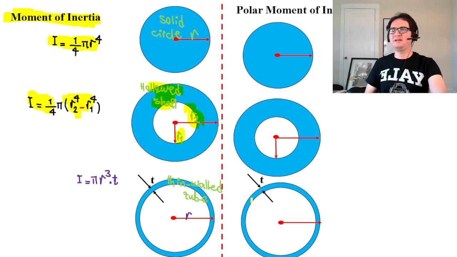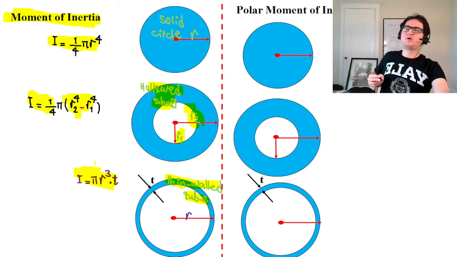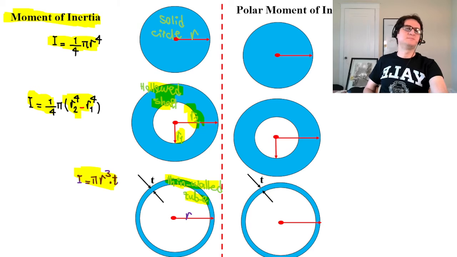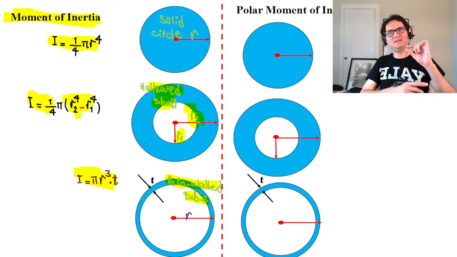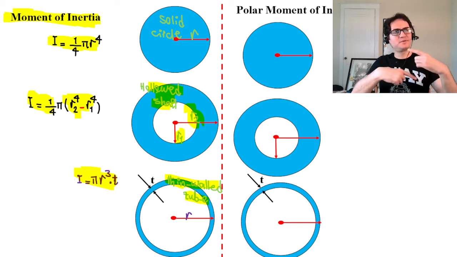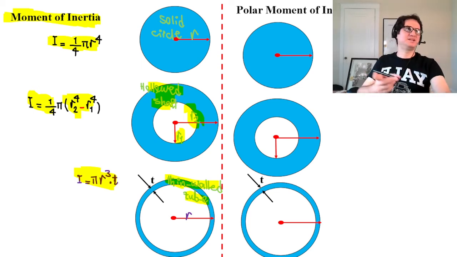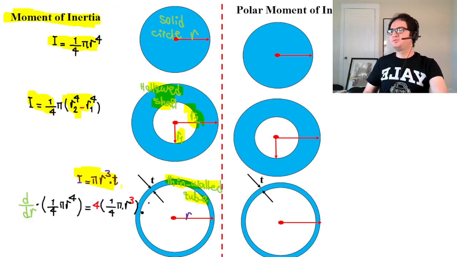And if you have a thin wall tube, then the moment of inertia just goes by pi r cubed times t. The difference between the thin wall tube and the hollowed section is that for thin wall, the thickness in comparison to the radius should be pretty small and negligible, so that we can call it a thin walled section.